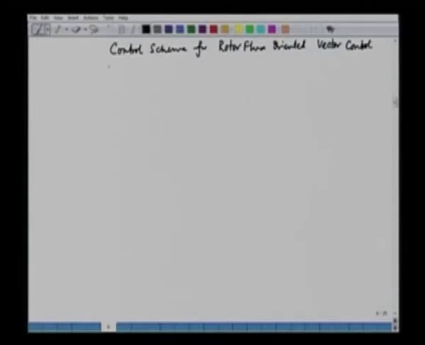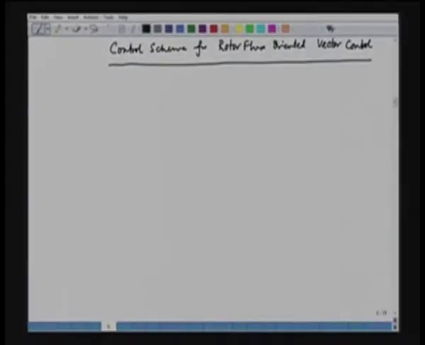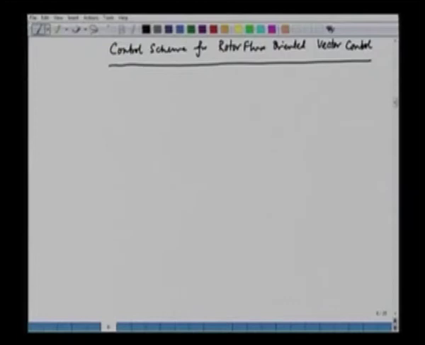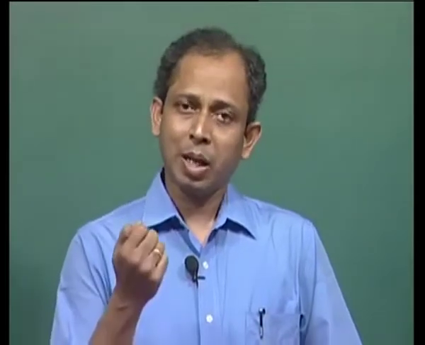This is called rotor flux oriented vector control because the reference frame is oriented along the rotor flux. Now we have two currents in this case, IDS and IQS, but these are hypothetical currents. They are the currents in a rotating reference frame which is non-existent, and this is only in our mind. This is only in the concept.